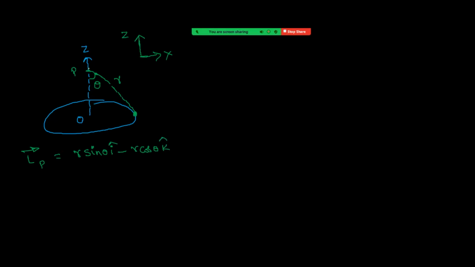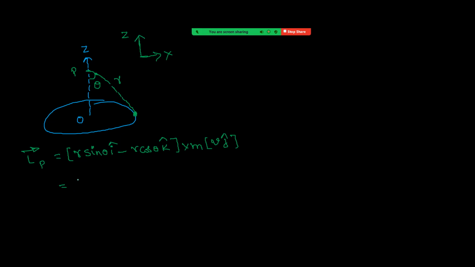P bar is m into velocity. At this instant, velocity is into the plane of the board, that is V j cap.